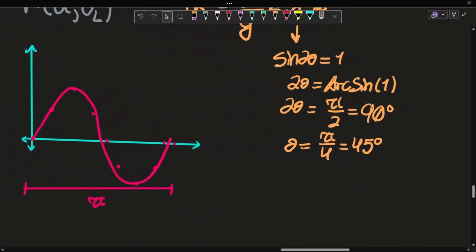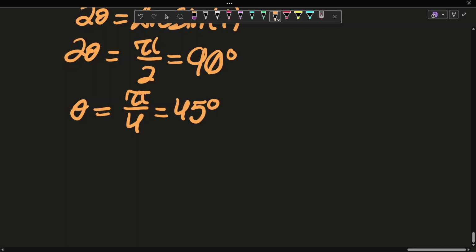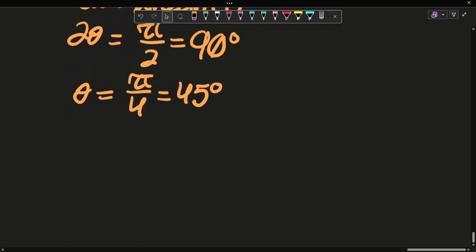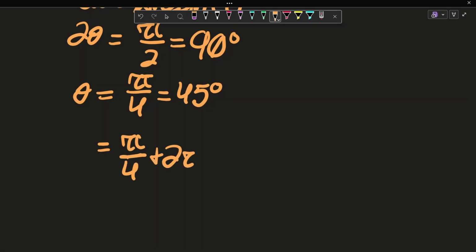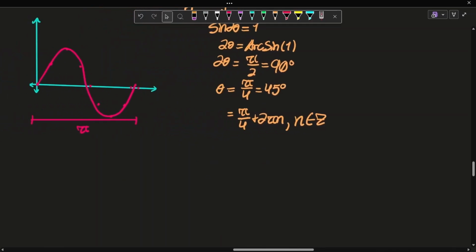And also, since it's sinusoidal, we want to include every single theta that can be possible. So if you want a generalized term, we can get pi over 4 plus 2 pi n. And of course, n is an element of the integers.